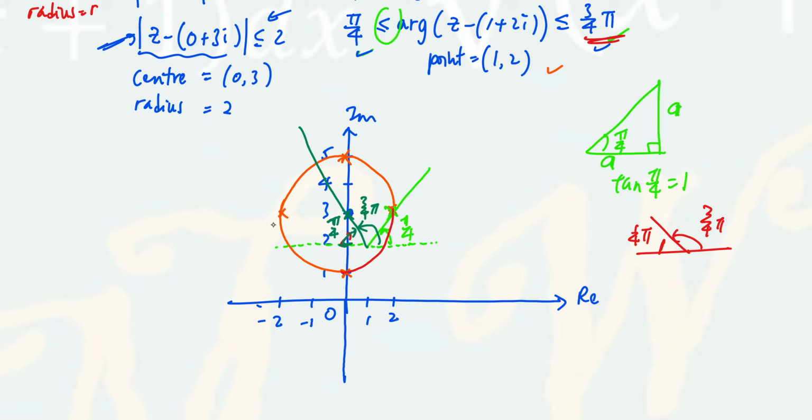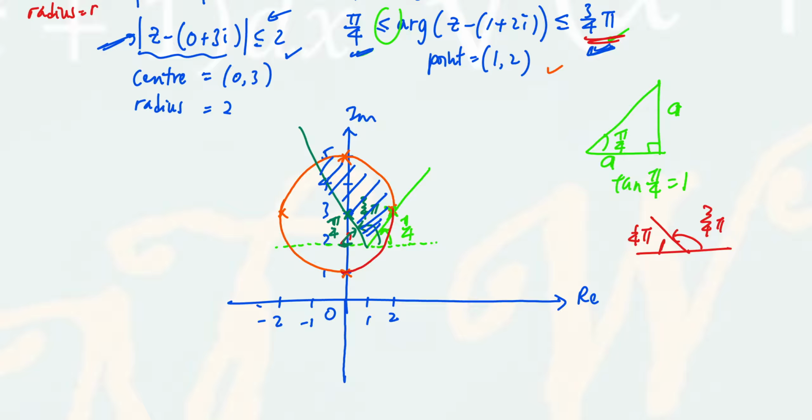When it is exactly 2, then it will be on the orange line. That is the circumference of the circle. But it is less than 2, that means it's inside the circle. So we need to fulfill these two conditions, whereby it is inside the circle and also in between these two green lines. So obviously your region will be this part.